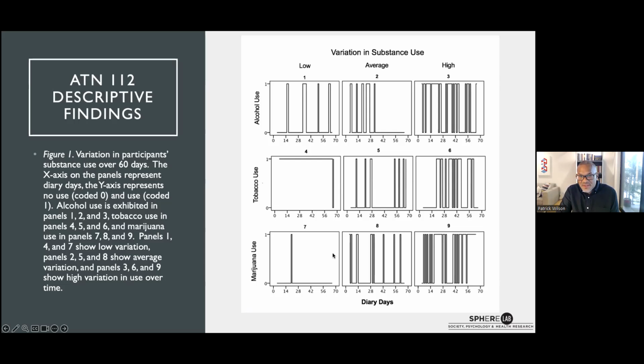If you look at tobacco use, panel 4 would be a person who's smoking cigarettes every day, but there's one day that they don't. The marijuana use in panel 7 is the opposite of that. Primarily not using, but one time using, versus say panel 9, where I'm on and off. Some days I use, some days I don't, but it's highly variable over time.